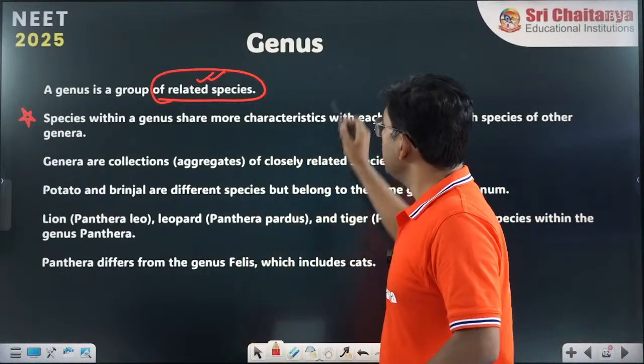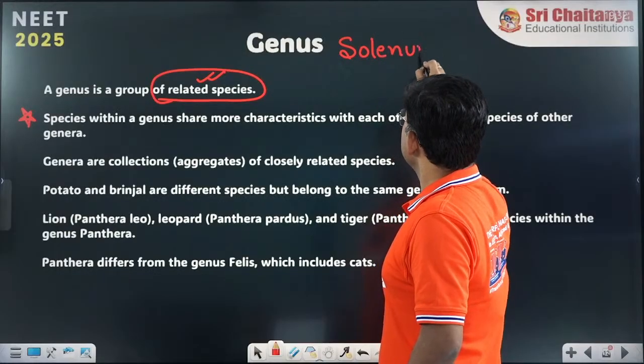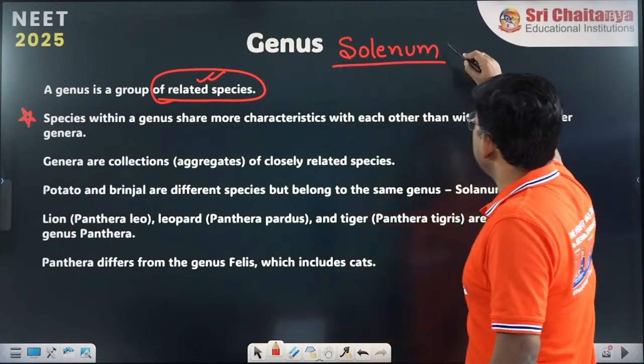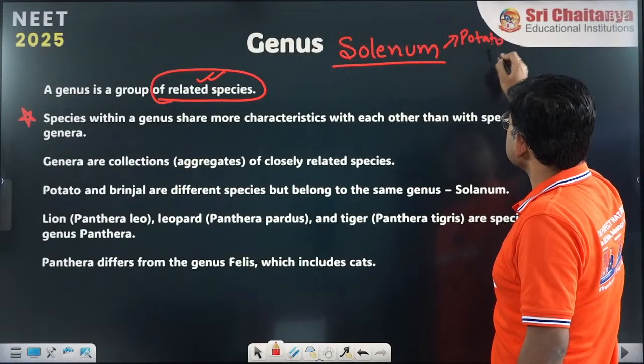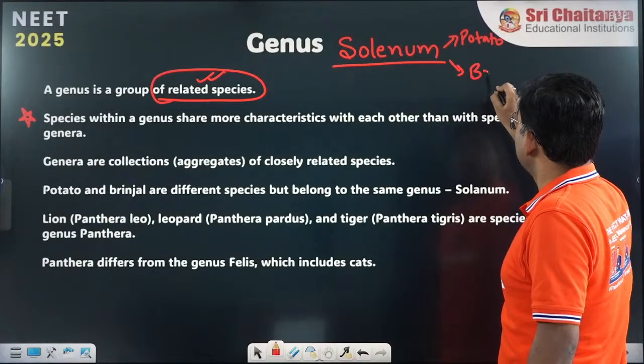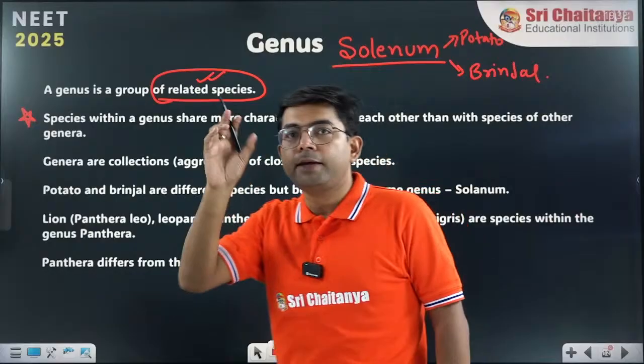For example, when I say Solanum, we have seen that Solanum has two species. One is potato, another is brinjal, right? So these are two species present in the same genus.